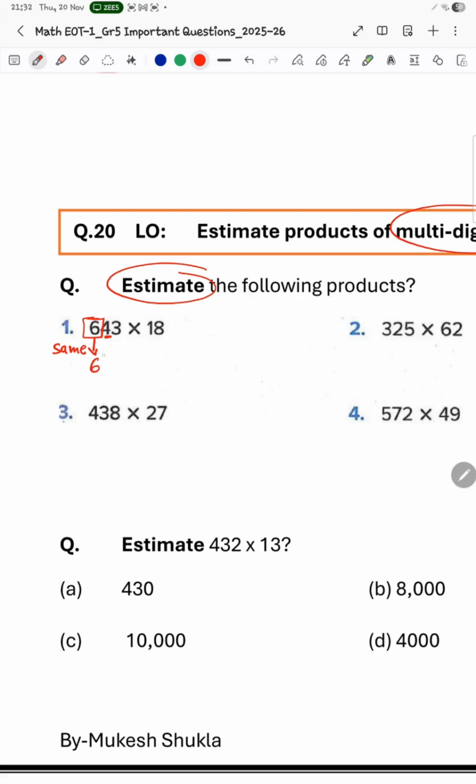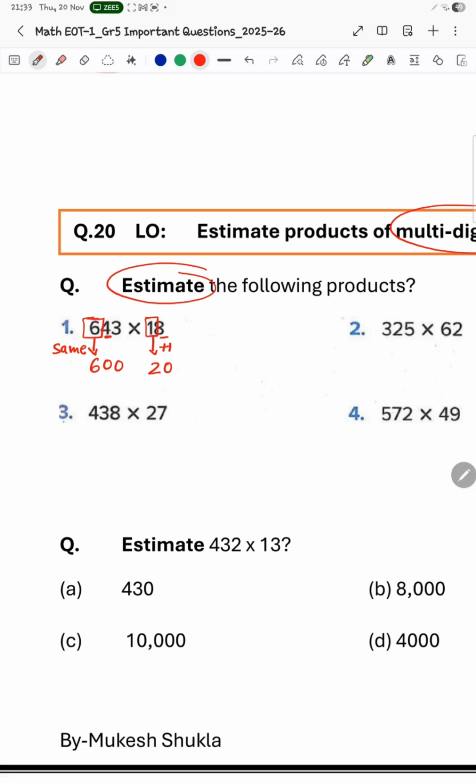So 6 will remain the same and the rest of the digits will become 0, right? Similarly here, I will put the 10's place in the box and look at the next digit. 8 is good, so it will give plus 1 to this. So 1 will become 2 and the next digit will become 0.